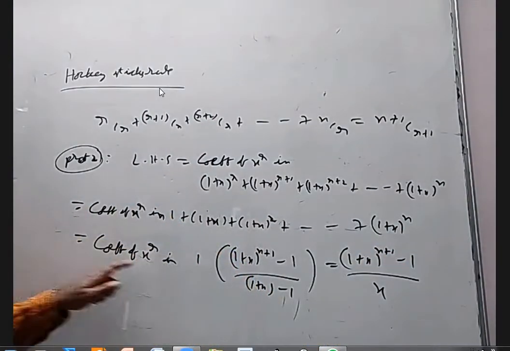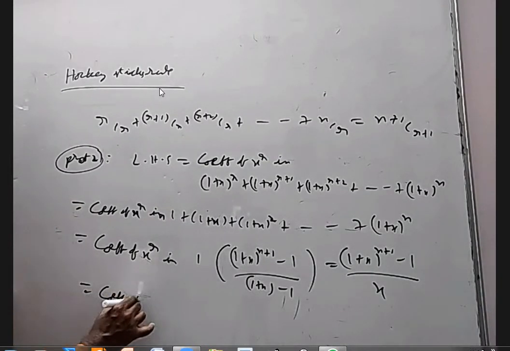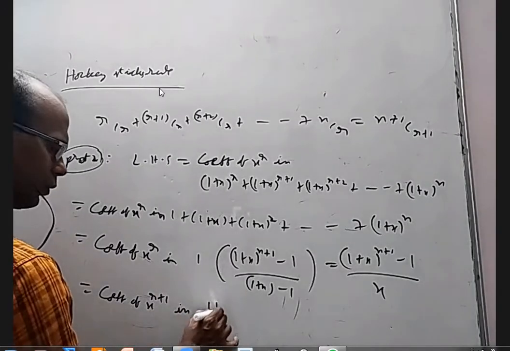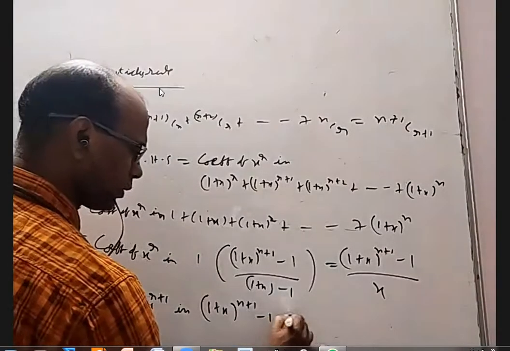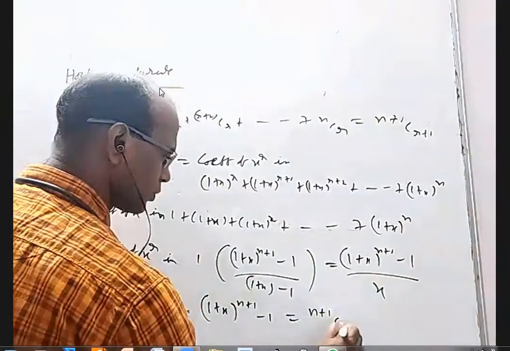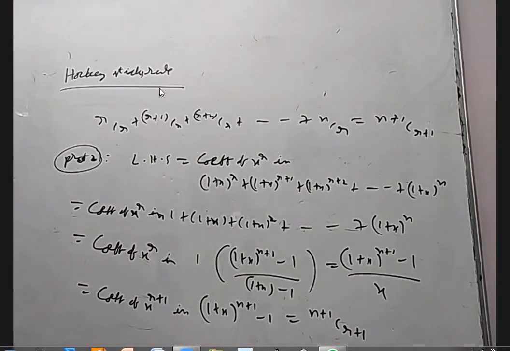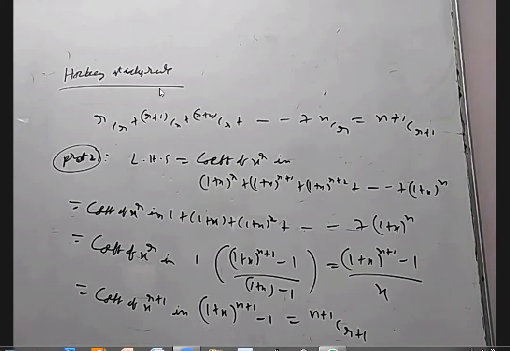In this total, if you want x power r, in the numerator I want x power r plus 1. So that will be the coefficient of x power r plus 1 in (1 plus x) whole power n plus 1 minus 1, which is n+1Cr+1.